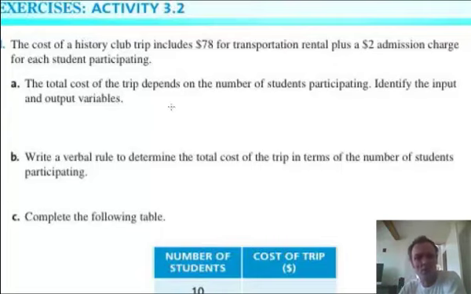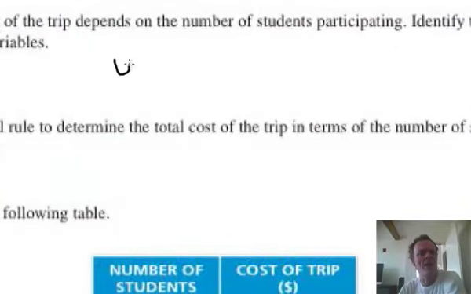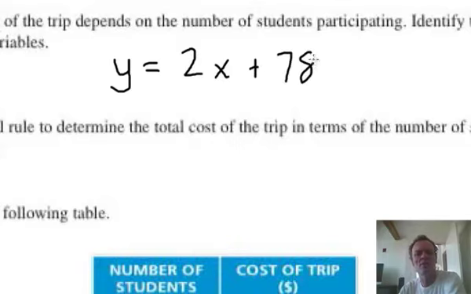Normally I would say the output, whatever the cost is, is $2 per student plus a $78 transportation fee. We're going to pay this constant of $78 for the bus, but then it's $2 for every student. That would be the equation.